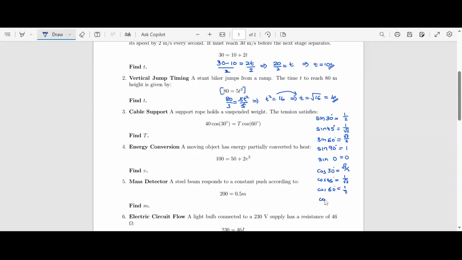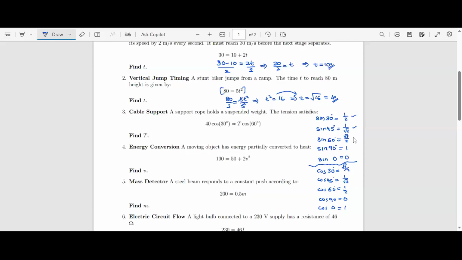Same way, cos 90 and cos 0. For cos 90, you will get the value equal to sine 0, which is 0. And for cos 0, you'll get the value for sine 90, which is 1. I think it will be easy to remember this, right?